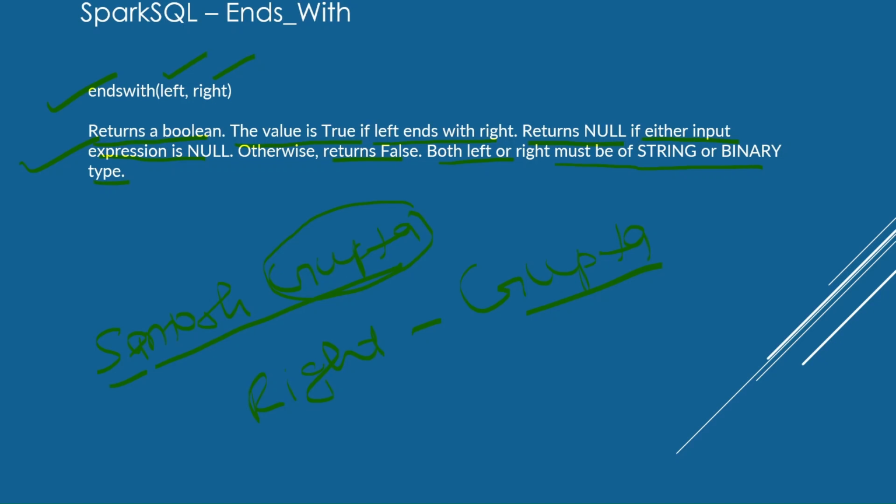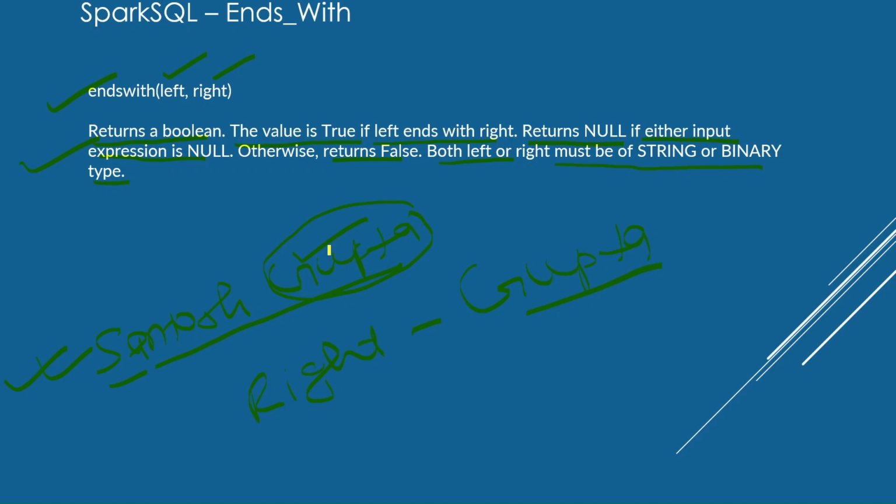Suppose this is present in a full name column. If the full name column's last string is Gupta, then it will return true. Otherwise, for other names where Gupta is not present, it will return false.